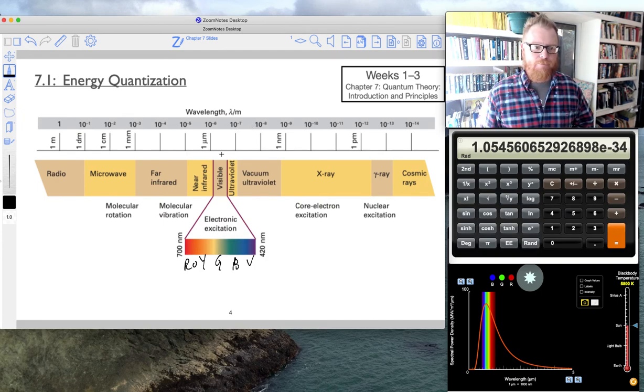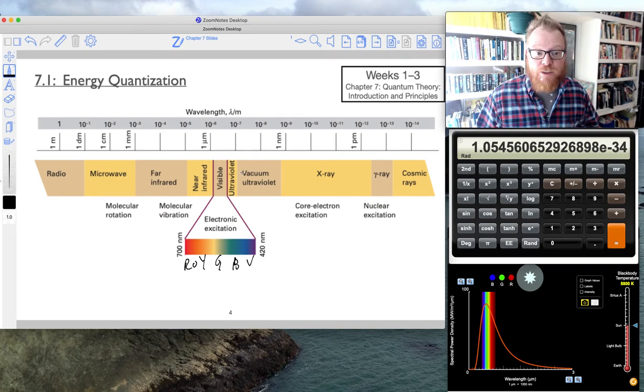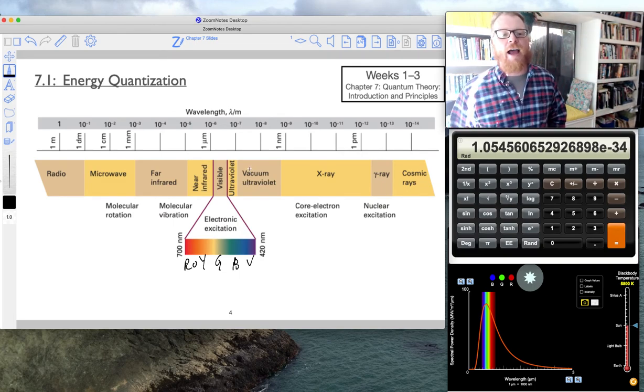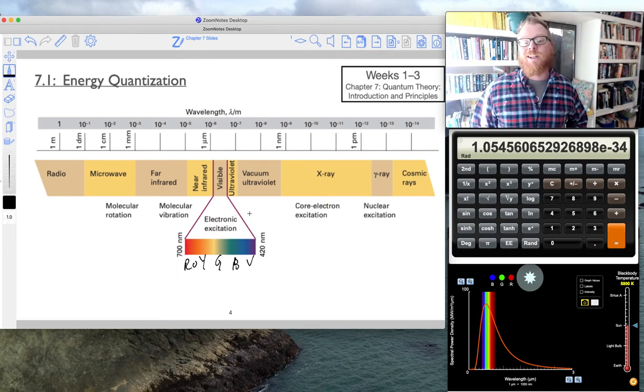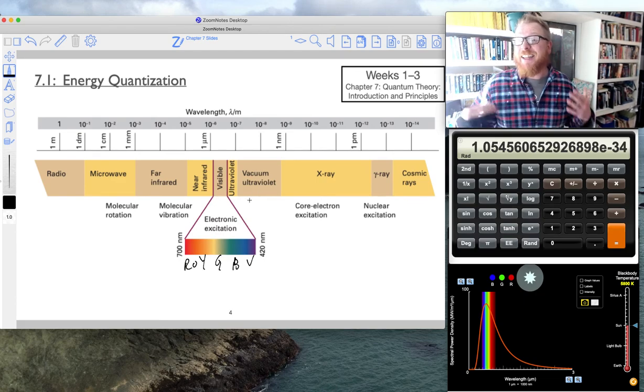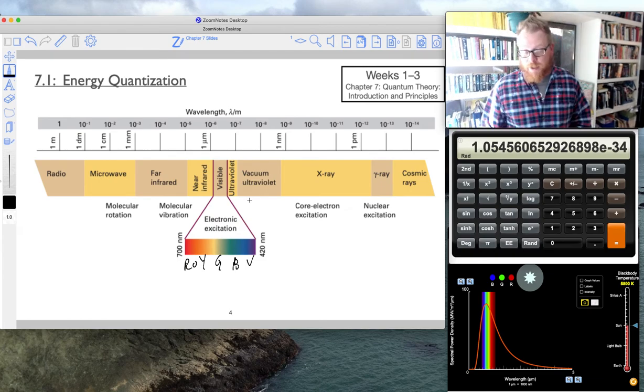If we keep going, we get into this region called the vacuum ultraviolet. The reason it's called the vacuum ultraviolet is because these wavelengths will ionize oxygen as well as nitrogen, mostly oxygen, with 100% quantum efficiency. So to use this type of radiation, we typically need it to be under vacuum because oxygen will absorb all of that radiation. As we keep going, we get into X-rays.